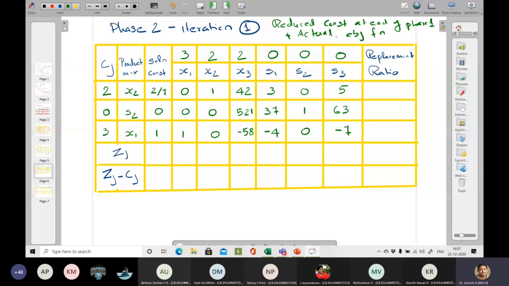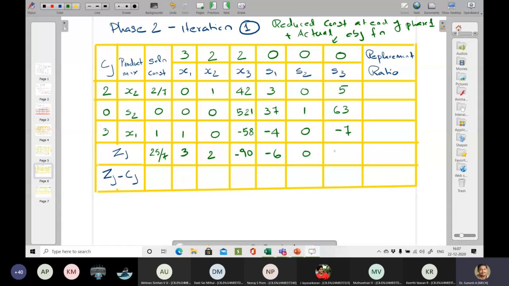Now I need to calculate the Zj the same way. 2 into 2 by 7 plus 3 into 1, so you will get 25 by 7. Next is 3, next is 2, next is minus 90, next is minus 6, next is 0 and minus 11.